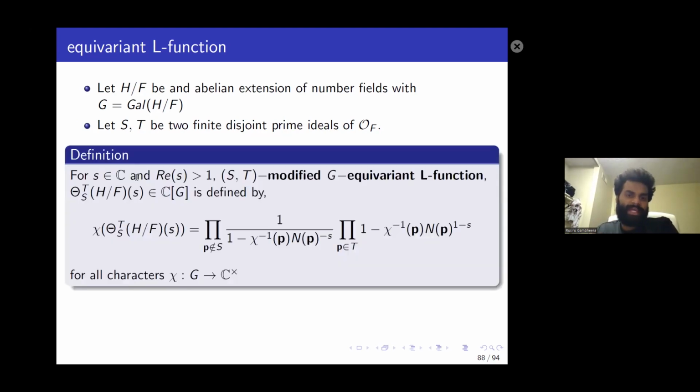So for this data, we have what I call the G-equivariant L-function, which is given by this formula. Again, a lot of notation. Don't worry about it. What I'm saying is there is an analytically defined object called theta, which we name the G-equivariant L-function, whose input is a complex number.